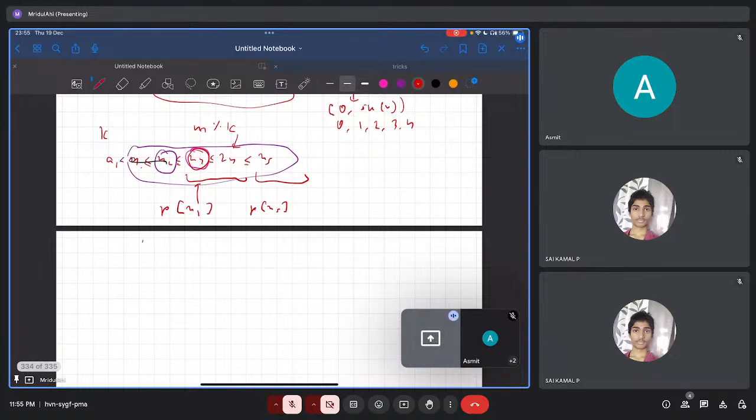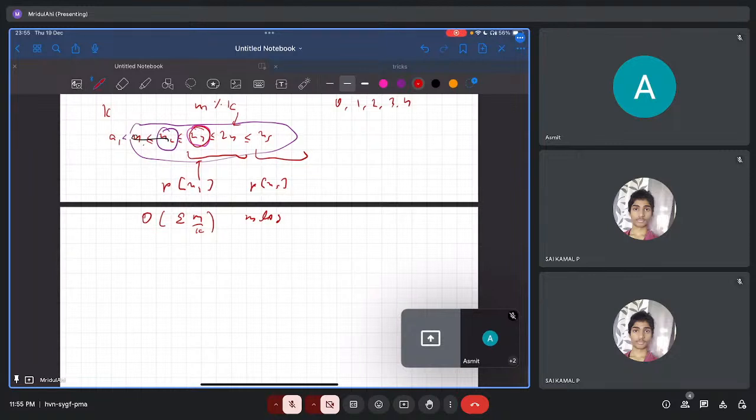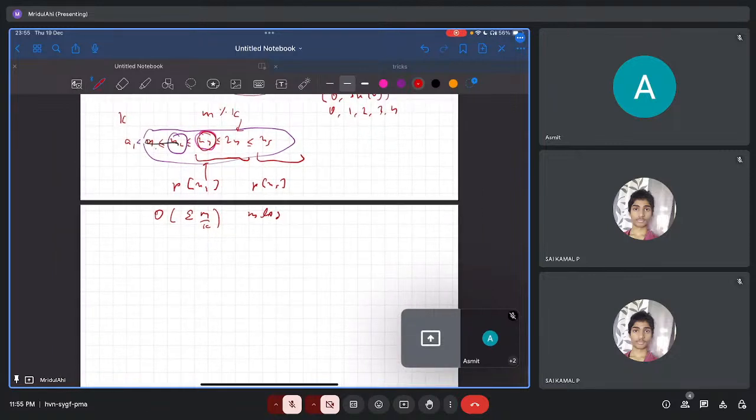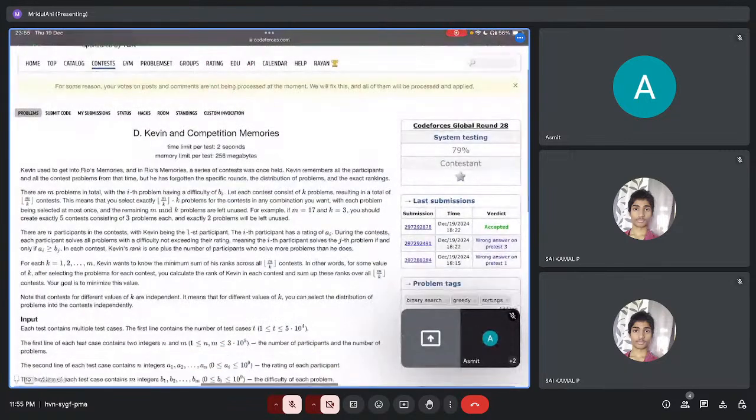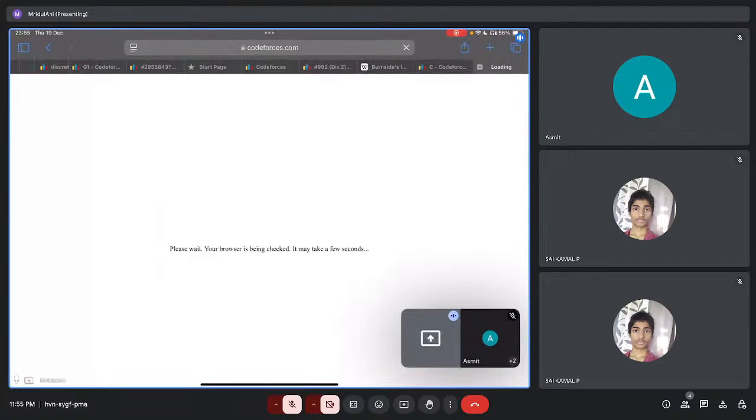So the time complexity of it would be the summation of m by k, which is order m. Let me explain it with my code once.